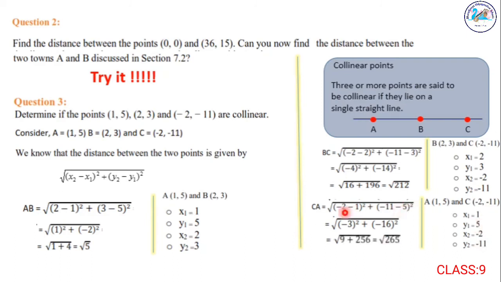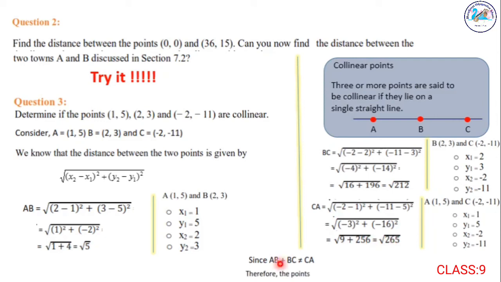Minus 2 minus 1 is minus 3, minus 11 minus 5 is minus 16. Minus 3 squared is 9, minus 16 squared is 256. When you add 9 plus 256, you get 265, root of 265.